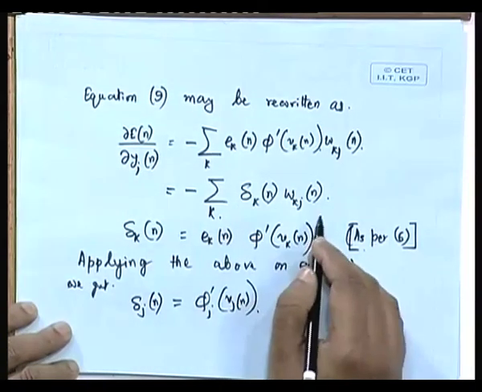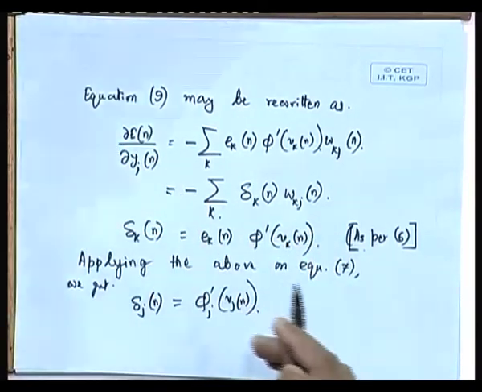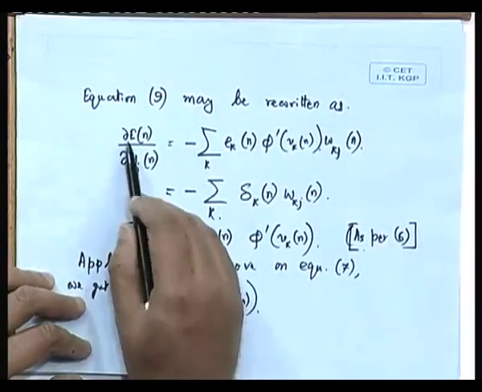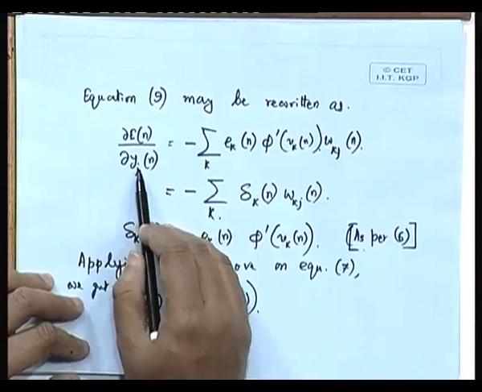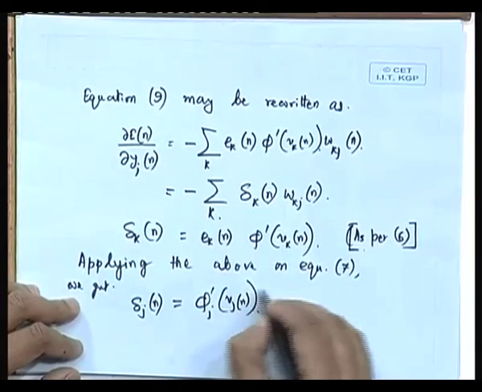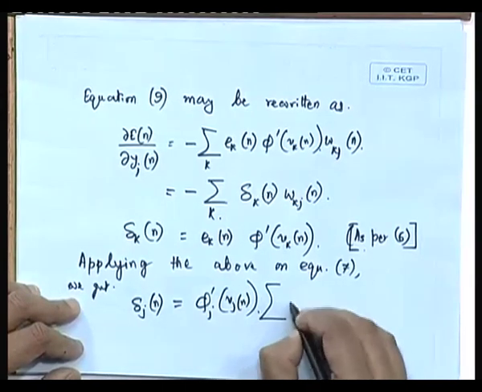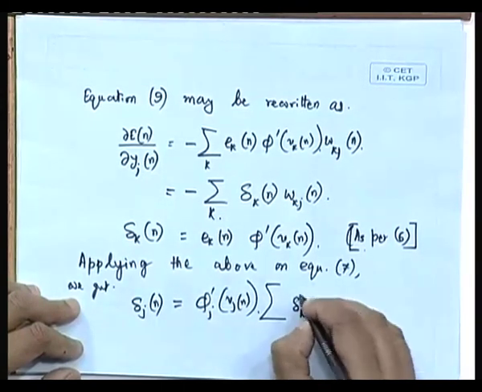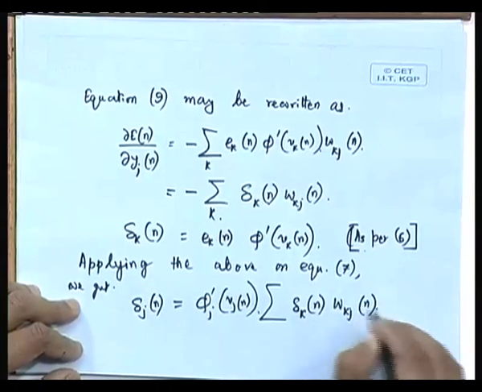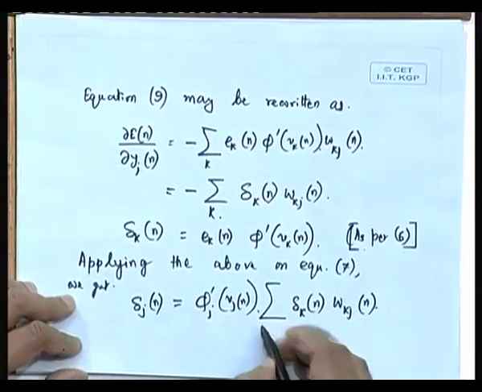So dou En dou Yjn is simply this expression. Since we already had a minus over here, and this dou En dou Yjn is giving us another minus sign, together it will be of positive sign: summation of delta Kn Wkjn, and this we have to sum up over k.